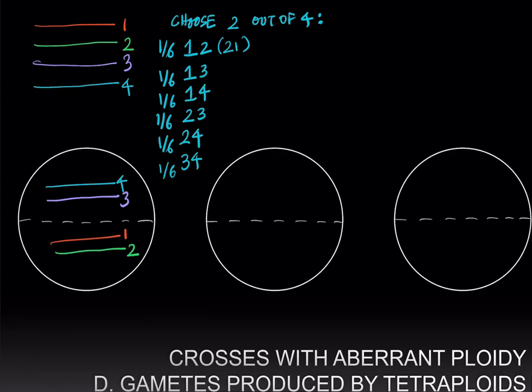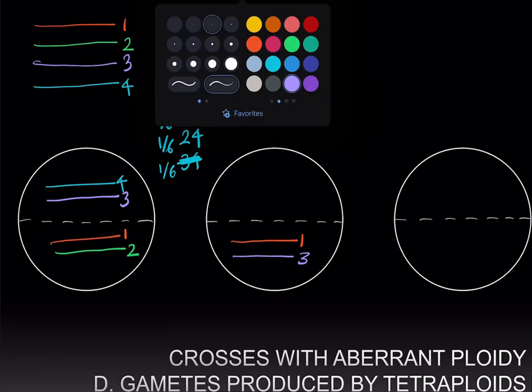So I have used up this and this. Next, I could consider having 1, 3. So I have 1 and I have 3. And by necessity, on the other side, I will get 2 and 4.